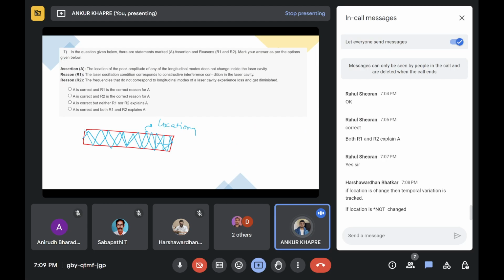Standing wave will be like this. So then temporal variation is that bad? If location is not changed, then temporal variation is tracked like that.